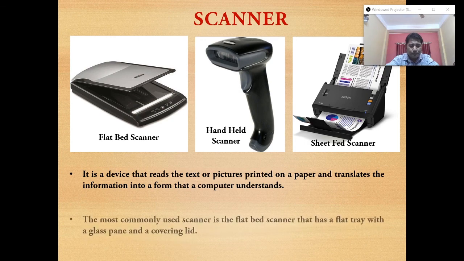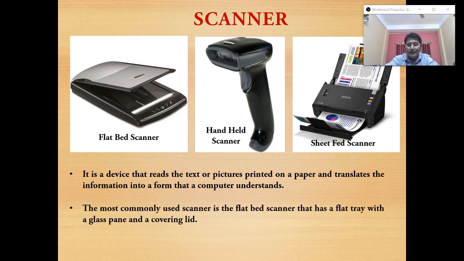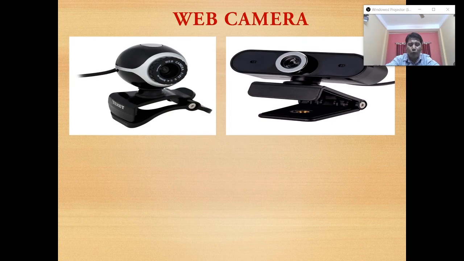So the most commonly used scanner among all the three scanners is the flatbed scanner, and it has a flat tray with a glass pane and a covering lid. So it acts just like a photocopier.